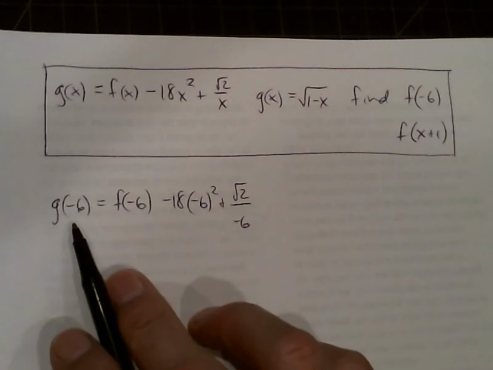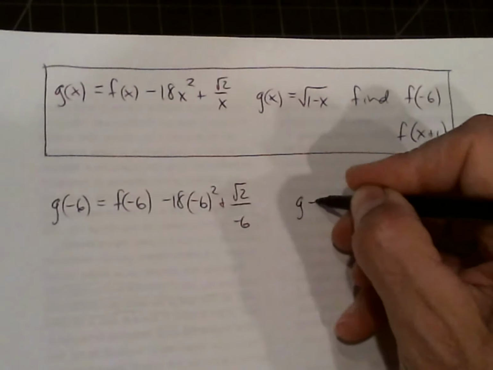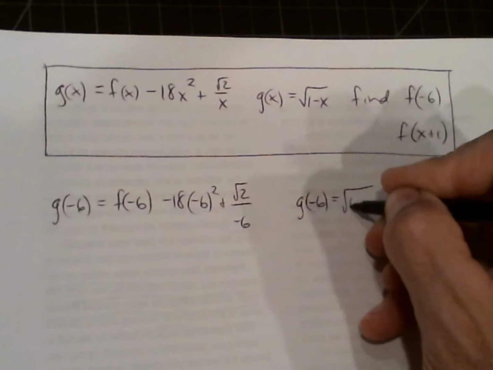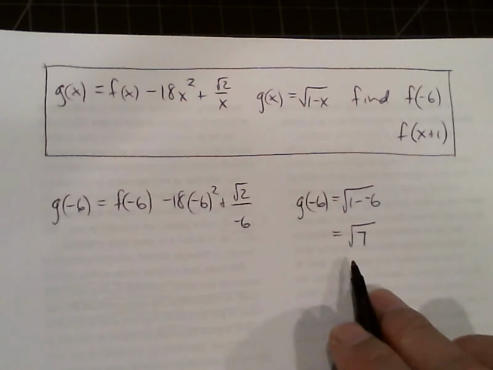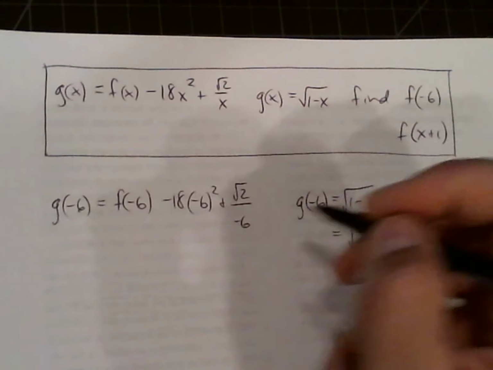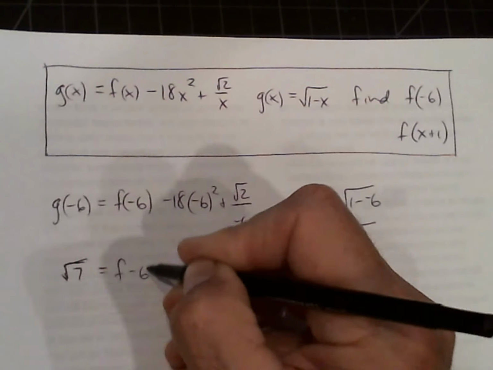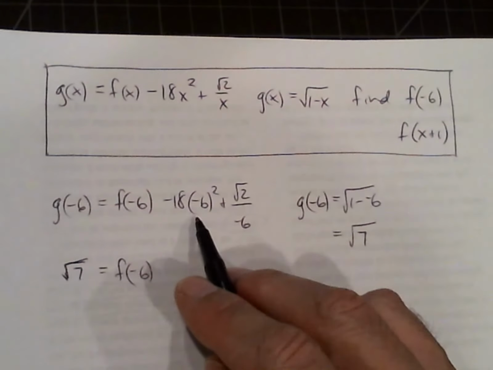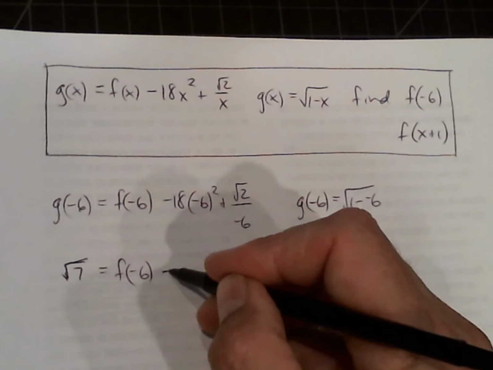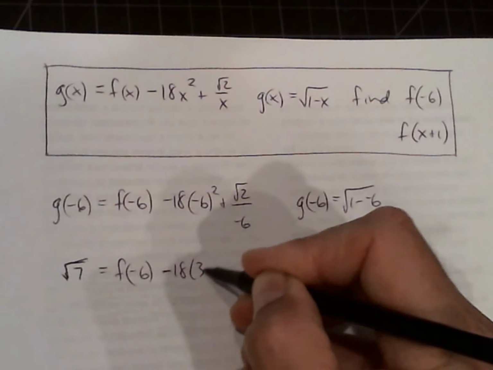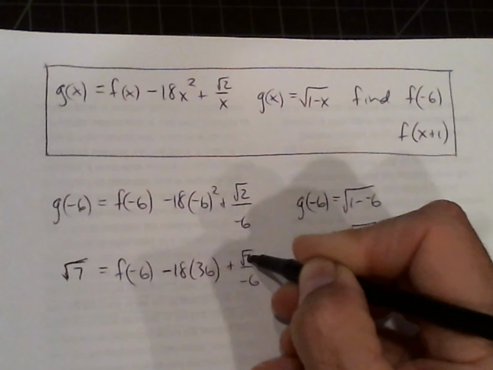All right, we need to evaluate this so we know what g of x is. So now we know that this will be a radical 7. And we have, this will be a -18 times 36, radical 2 over -6.